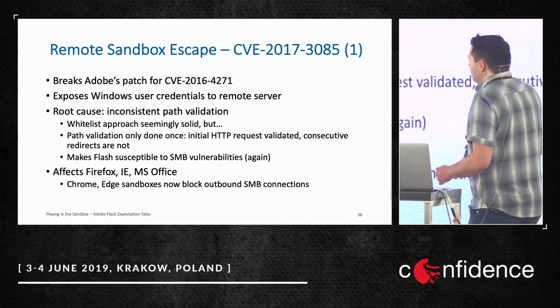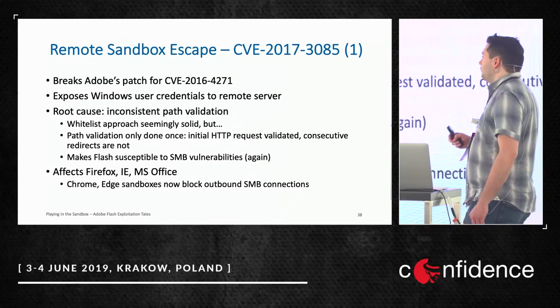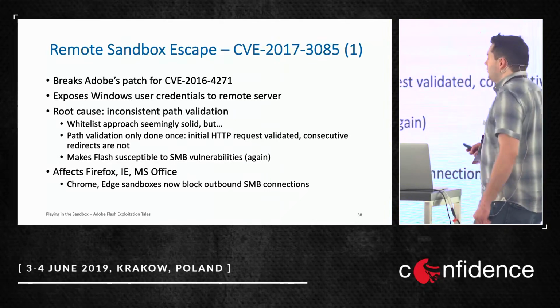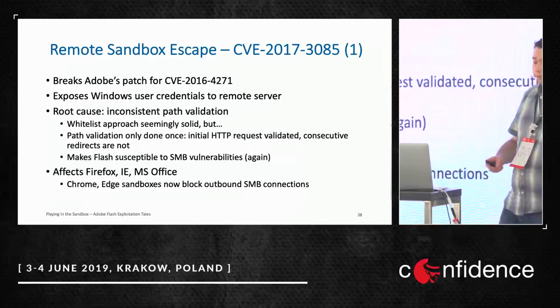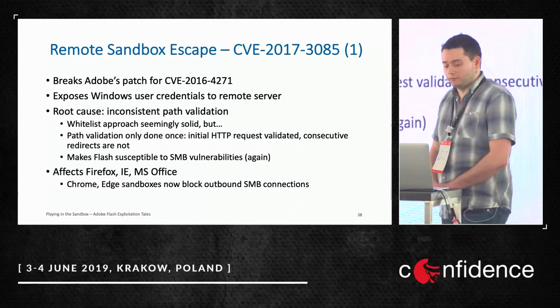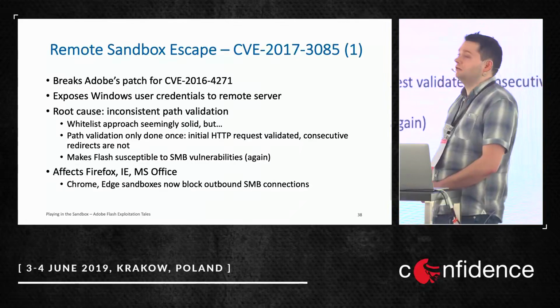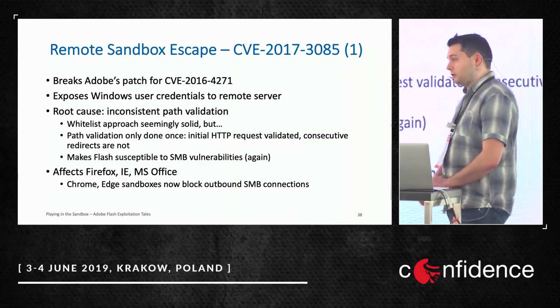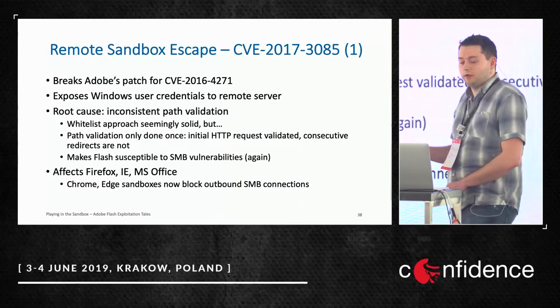The interesting thing also is that it affects Firefox, Internet Explorer, and Microsoft Office, but not Chrome and Edge. And Chrome and Edge are probably not vulnerable as a response to the previous vulnerability.